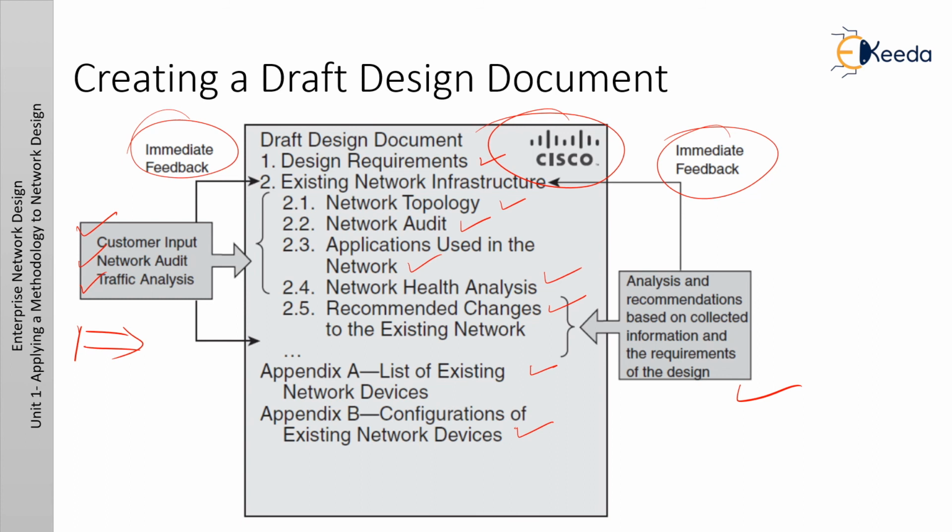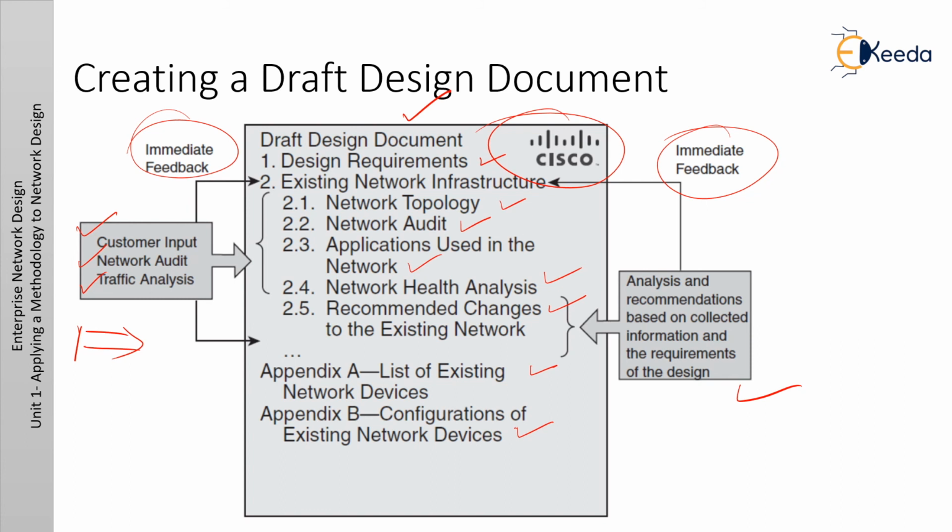Based on this, you can recommend what will be our requirement, and which topology gives us better throughput, and how the network is checked or audited, and the applications used in that particular network. On the basis of this, we prepare the draft. This is a very standard draft. On the basis of this draft, we can send the request for proposal for particular devices.